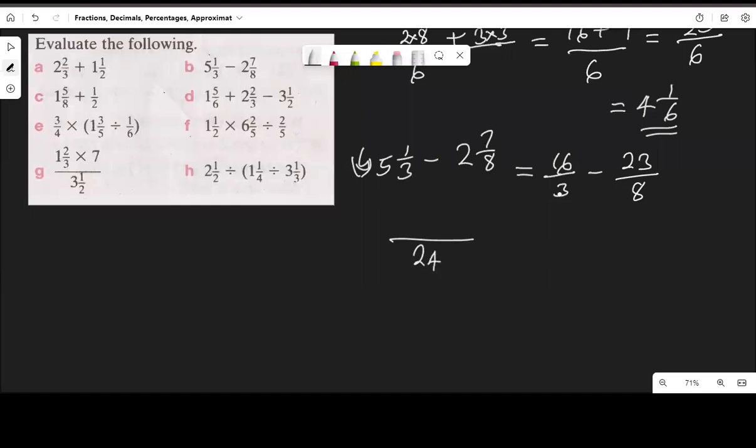24 divided by 3 is 8. We multiply that 8 by 16.